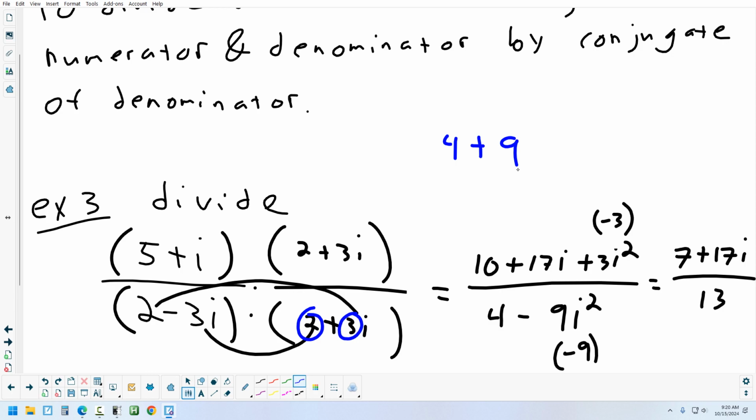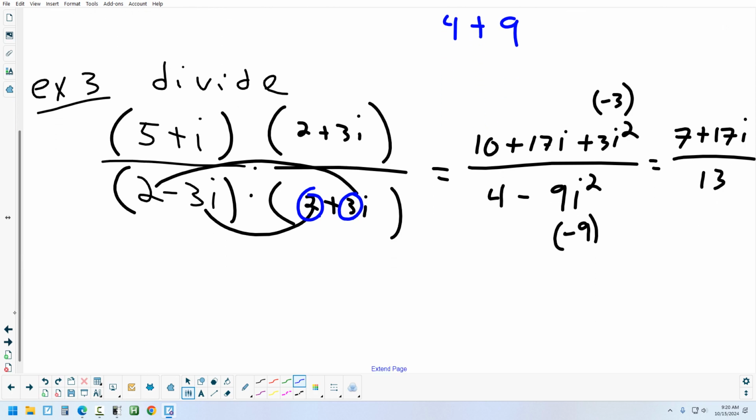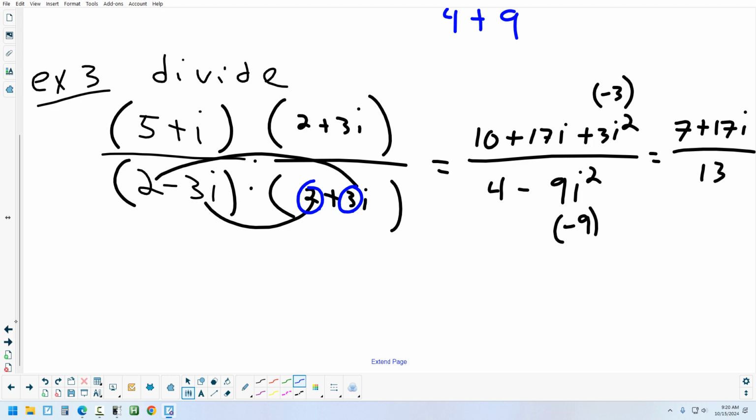If that trick doesn't make sense, squaring the two numbers I circled in blue, then just FOIL it out every time, but eventually you'll realize that FOILing is half the steps you do is a waste of time because it cancels out.